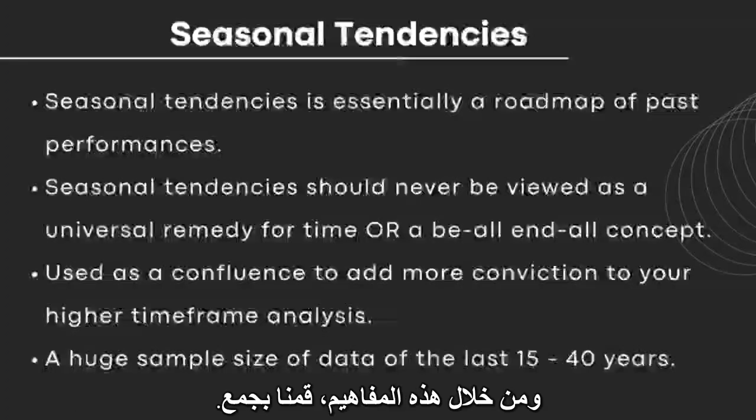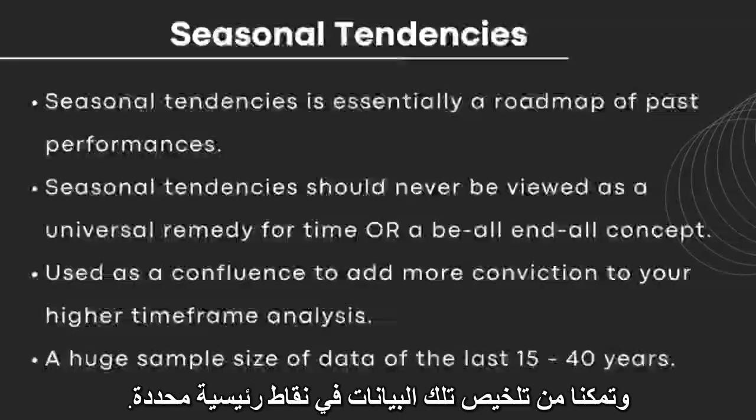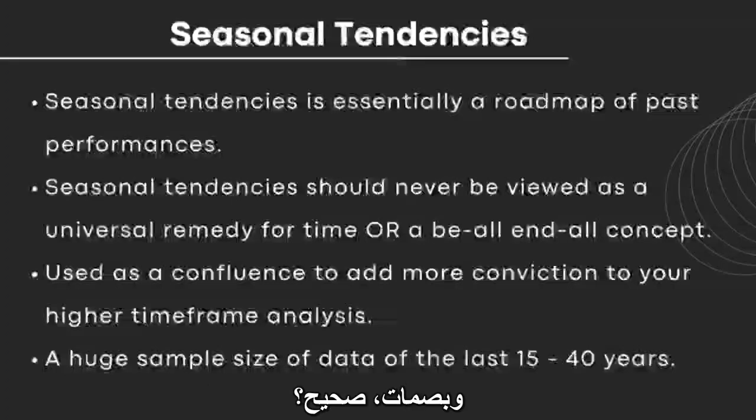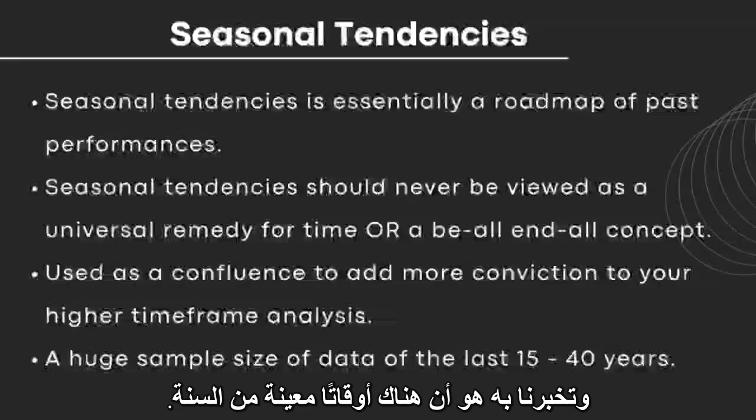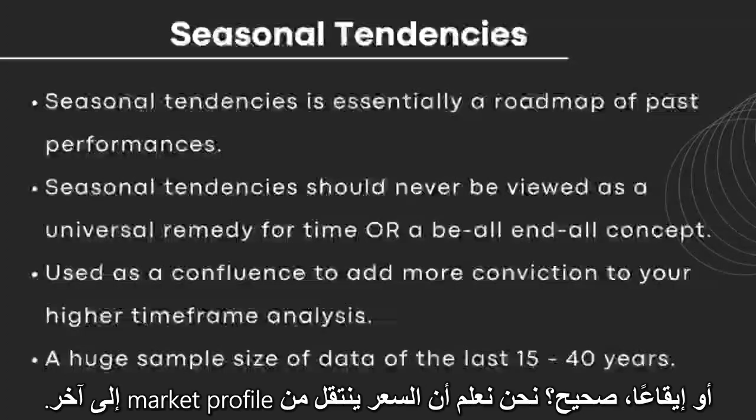Through the help of these concepts we've collected huge sums of data about different pairs from the last 20 to 40 years, and we've managed to summarize that data into specific key points and footprints, right? What that data shows and tells us is there are certain times of the year where price consistently, each year, follows a specific pattern, theme, or rhythm, right?